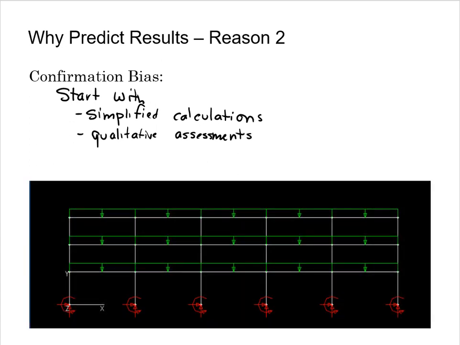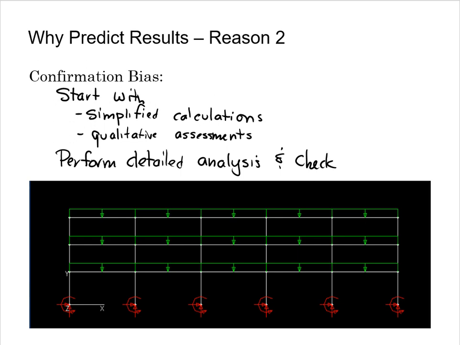They then check those aspects of the detailed analysis results. By using this approach, we are checking specific things in our detailed results regardless of how they look. Plus, the things we calculate in our simplified analysis will tend to be the most important quantities, so we are making sure to check the most important results.